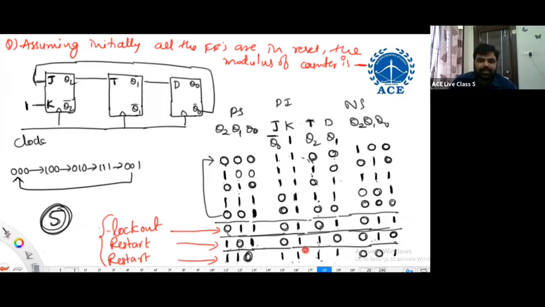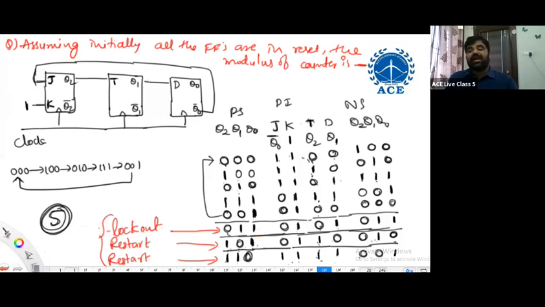Yes, Bhavani, yes. So what I can say here is, while designing the counter, we have treated the unused states as don't cares. Don't cares may be utilized, may be neglected, may be considered as one, may be considered as zero.